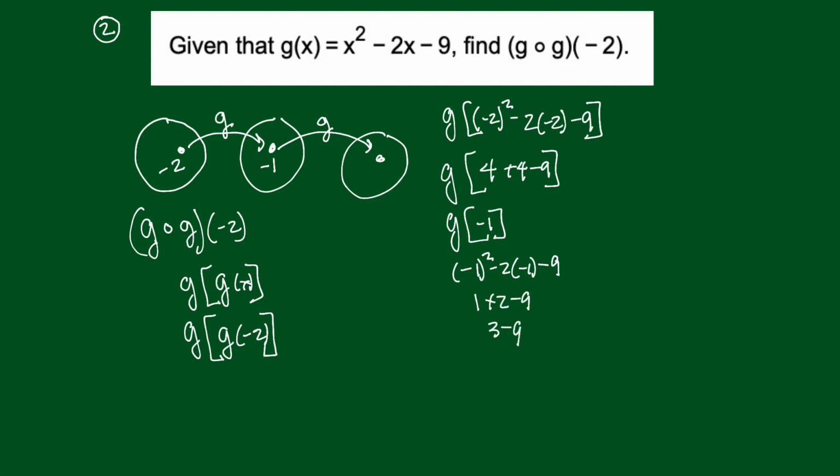We'll get 3 minus 9. How about -6? So I'm going to claim that g of g evaluated at -2 is -6. So if I use g to process -2 twice, I end up with -6. So I'll put that right over here. We end up with -6.